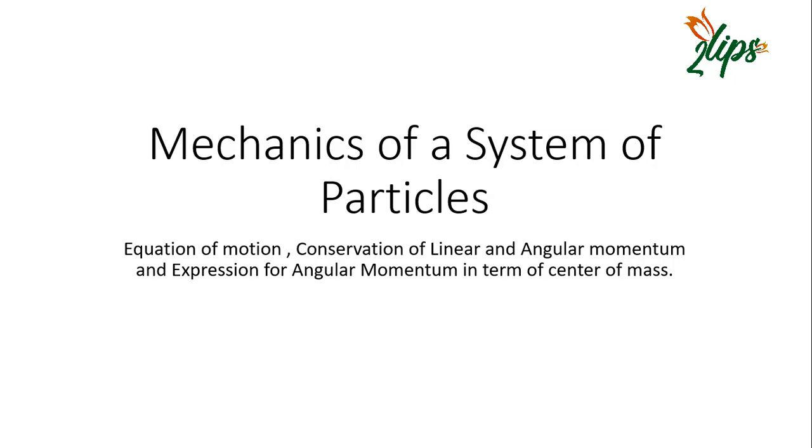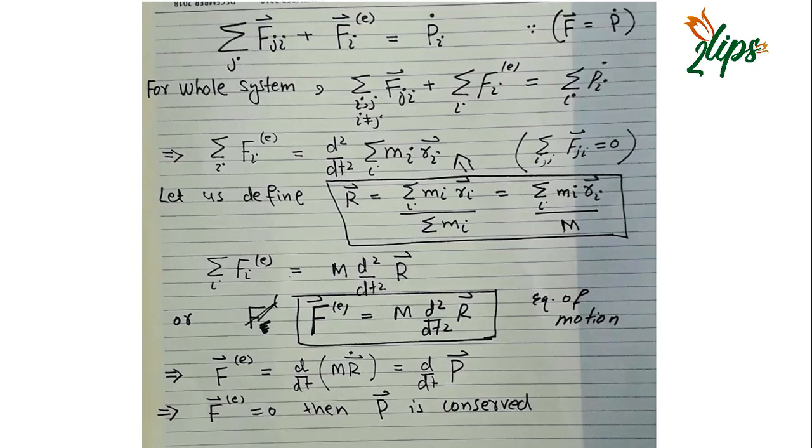Since we know that Newton's second law is F is equal to P dot, now if the particle is in a system of interacting particles, then it will experience force from those particles, it will experience internal forces. So now you can see the left side of the first equation is representing the total force. It contains two terms.